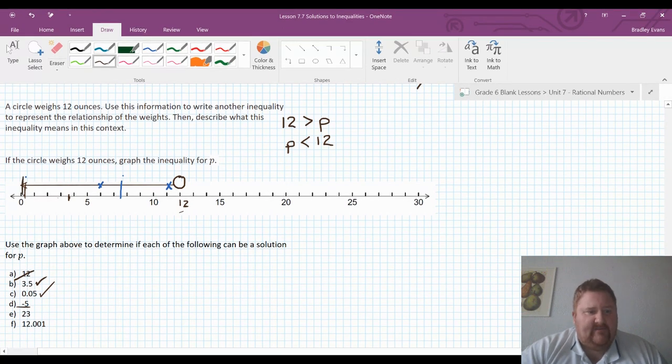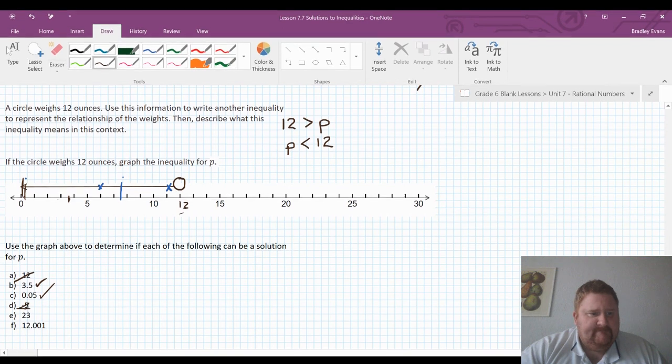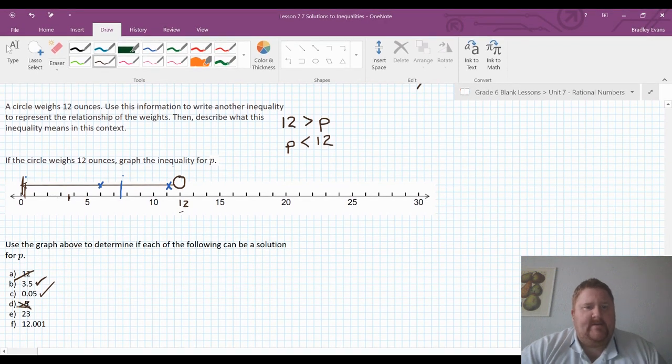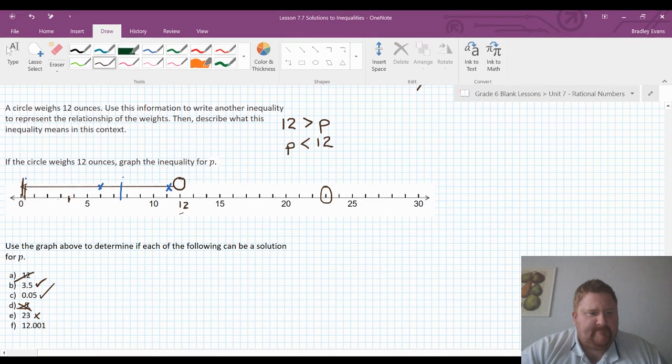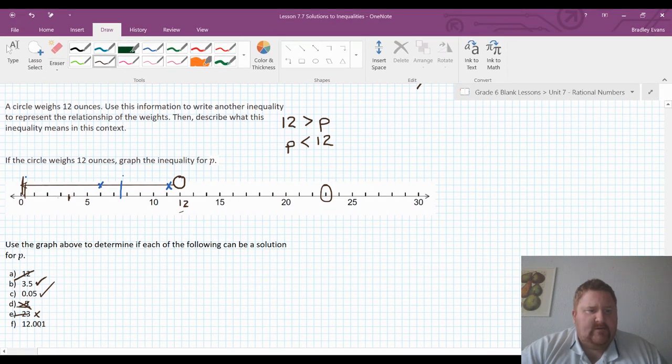We can't have a negative weight, so that is not true. 23. All right, 23 is all the way up here. That's not on our inequality graph, so no, not a solution. 12.001. Well, it's going to be just a little bit higher than 12, and it is not a solution either.